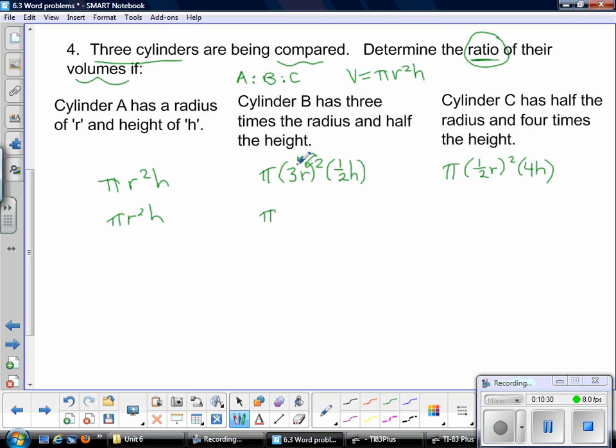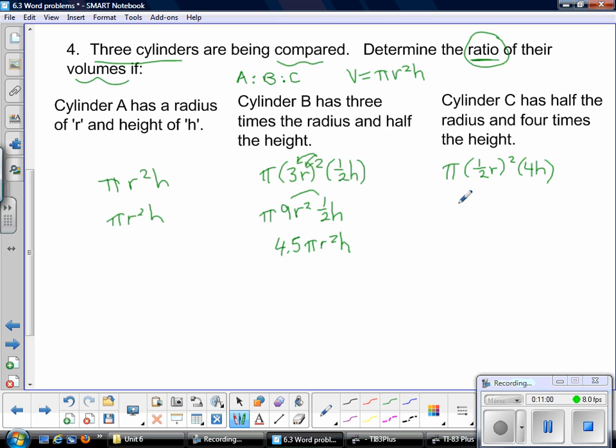So it's going to be 3 squared, which is 9, r squared, 1/2 h. Okay, now we can continue here if we want. The 9 and the 1/2 I can put together. So that would be 4.5 pi r squared h. Okay, leave that alone.